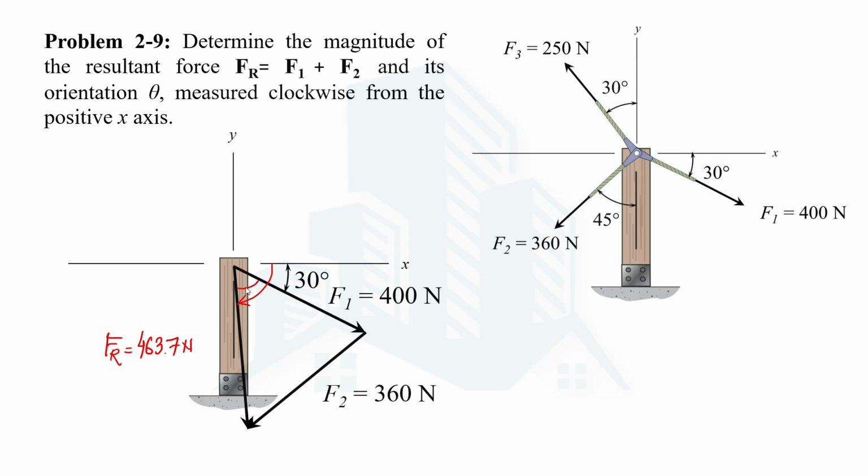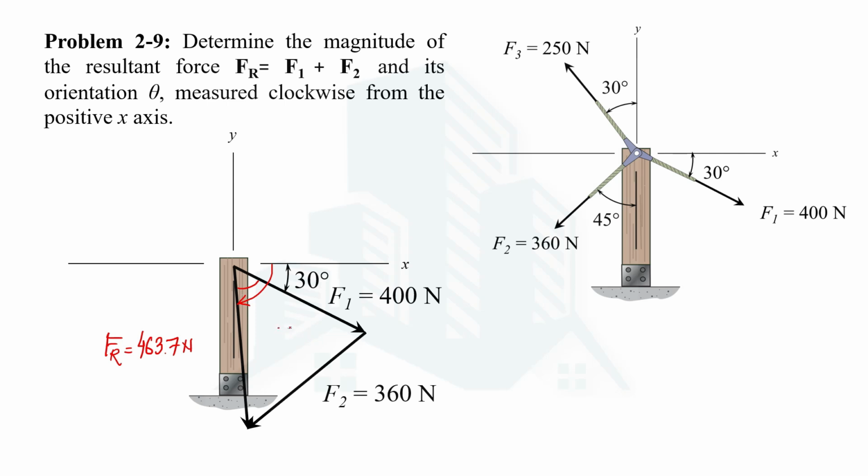The interior angle of this triangle can be calculated using the sine law. For that, we should know the other known angles. Since we don't know this angle and we don't know the direction of the resultant force, we cannot determine this interior angle directly. But this interior angle can be determined using a bit of geometry.